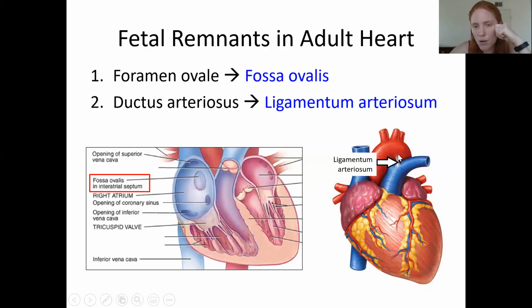So the ligamentum arteriosum is going to be this white structure right here that connects the pulmonary trunk to the aorta. Okay, so again, in an adult especially, these structures should already be closed up soon after birth. So they should be just non-functional leftover places.